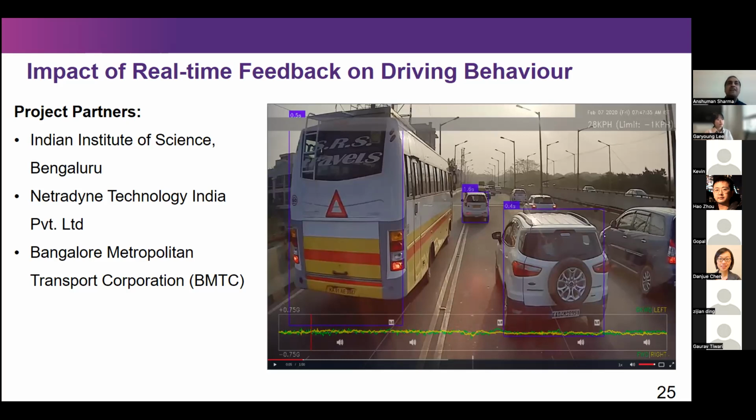Currently, I have just analyzed the response times. I still have to analyze deceleration and other things. For response time, surprisingly, what we found was there was not much difference between the control case and this case.